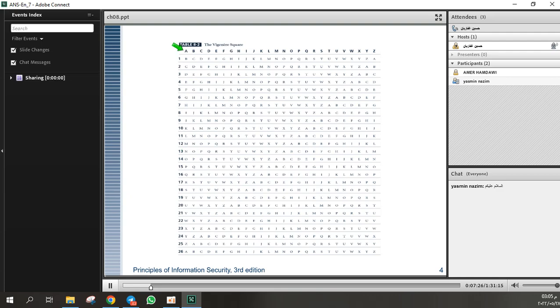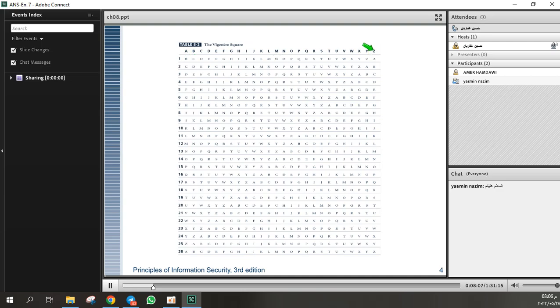Let me look at this one here. The first row is the common alphabet in English. And after that, from row 1 to row 26, you can see we have 26 different substitution patterns. This first substitution is simple, it starts with B instead of A. I would replace A with B, B with C, C with D, and so on.